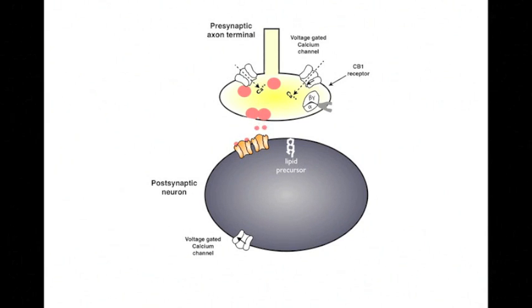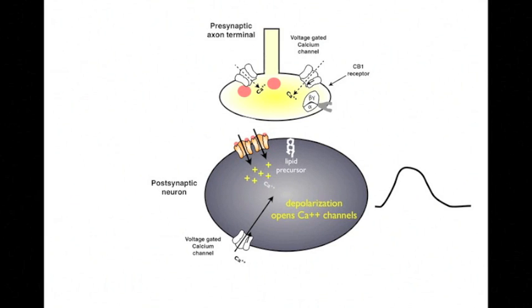The transmitter then binds onto the postsynaptic receptors and opens channels, allowing for the influx of positive charges that depolarize the cell. The depolarization then opens voltage-gated calcium channels in the postsynaptic cell. The influx of calcium, in turn, triggers the synthesis of endocannabinoids from membrane precursors.